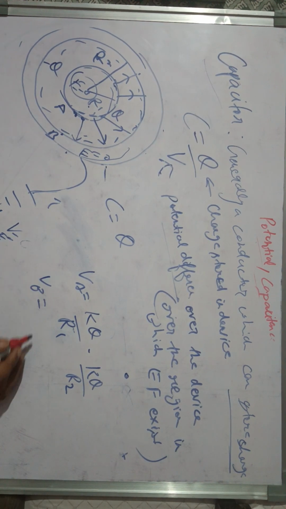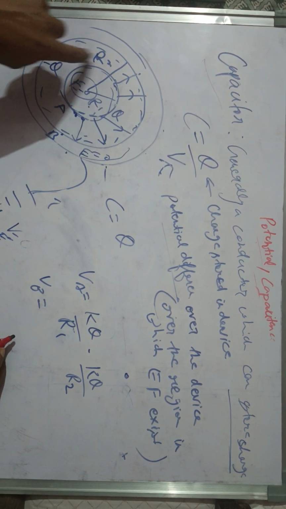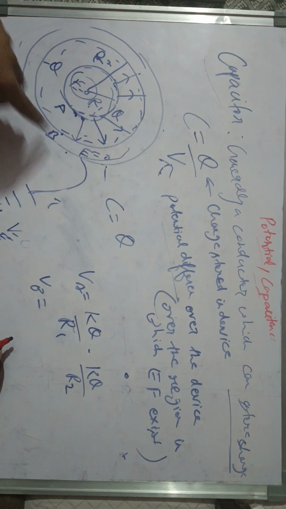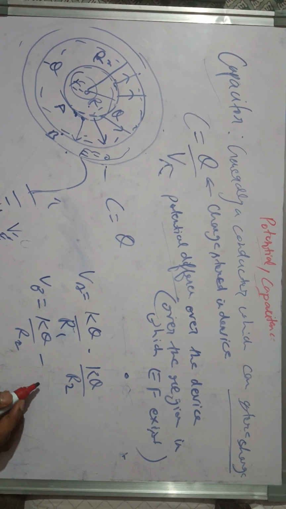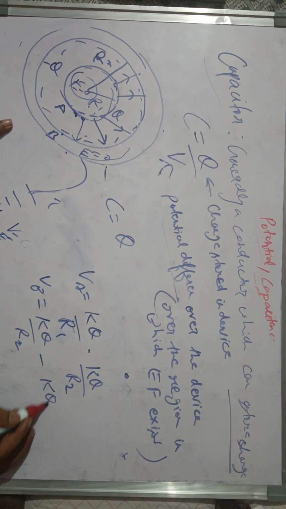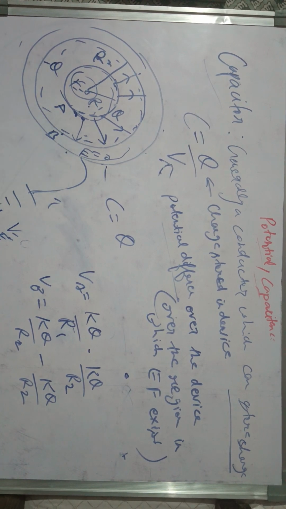The potential at B is the potential due to the inner charge plus that due to the outer negative charge, which will be KQ by R2 minus KQ by R2. Both have the same equation of potential. So the potential at B point is 0.